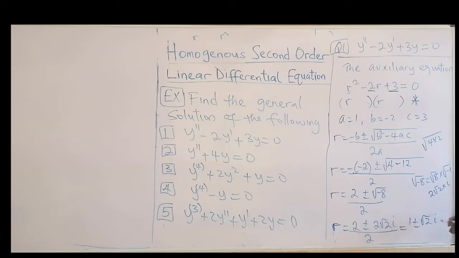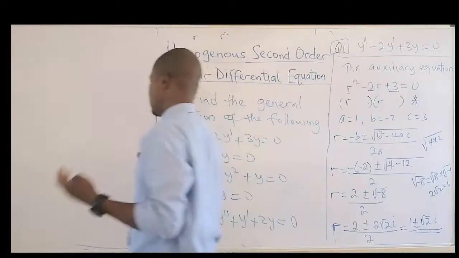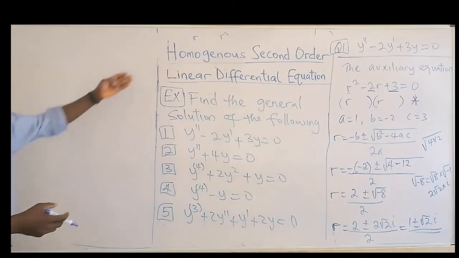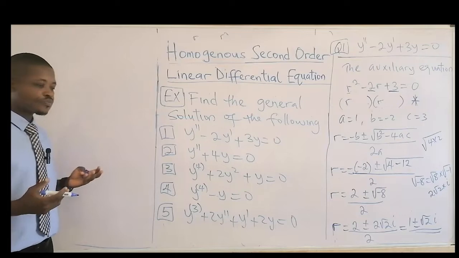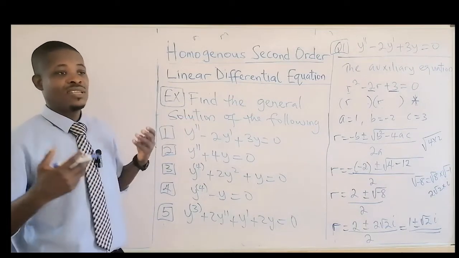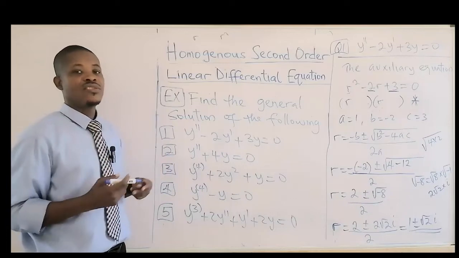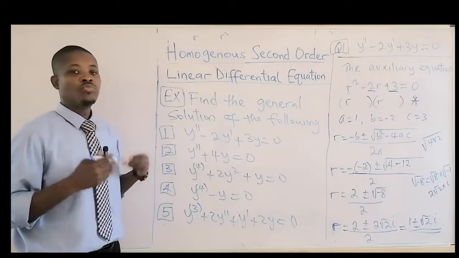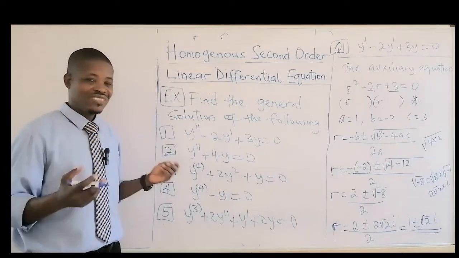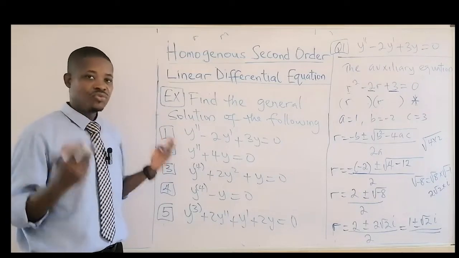root 2 i. That falls into the category of case 3 from the first video of this lecture, where we said that when your discriminant is less than 0, your auxiliary equation will produce two distinct complex roots.